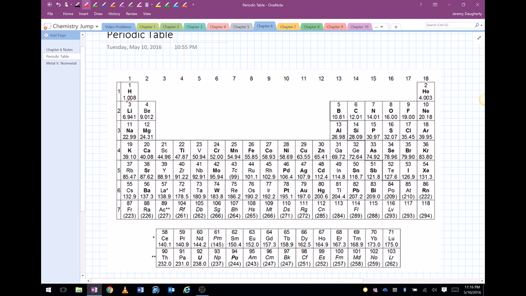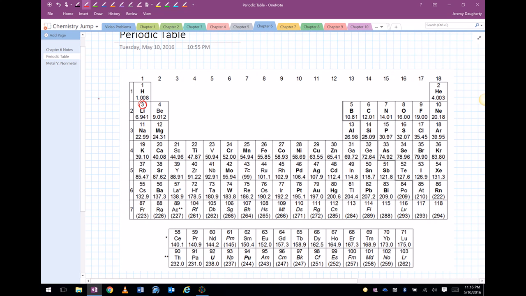Lithium has 3 electrons. It has 1 electron in that valence shell, because it is 1s2, 2s1. So if it could lose that 1, now it has a full outer orbital. And that's stable. So lithium is going to lose 1 electron to form a lithium ion. What do you think sodium is going to do? Well, we've already talked about it.